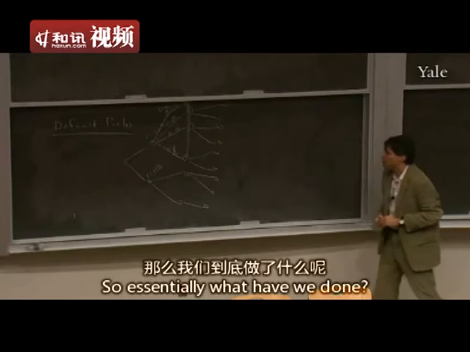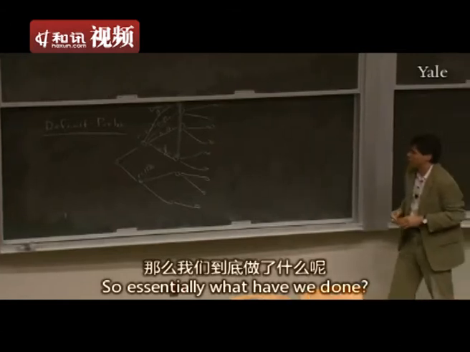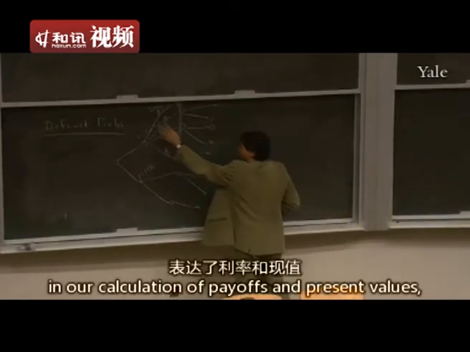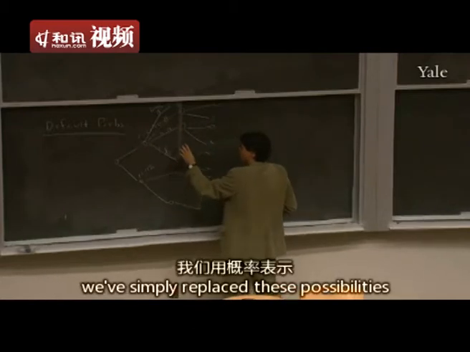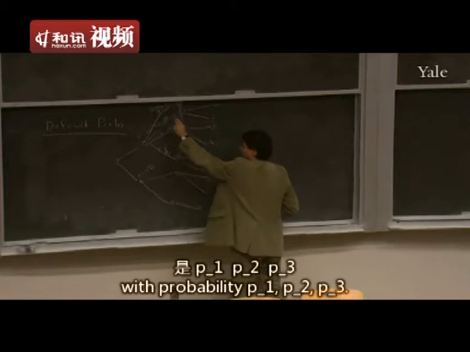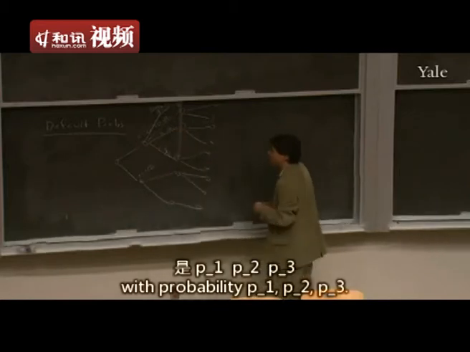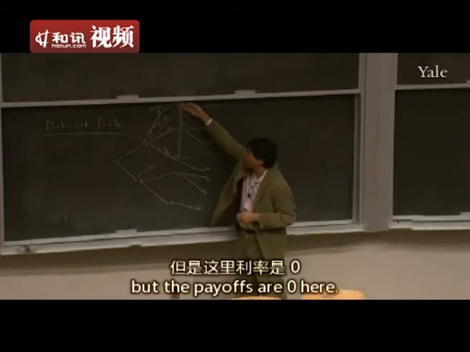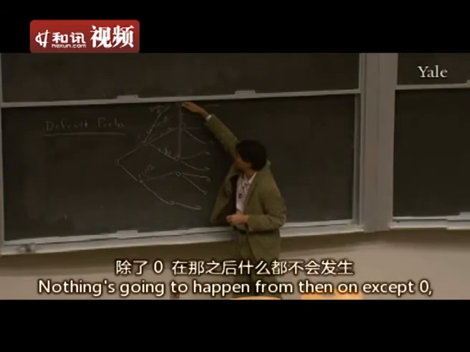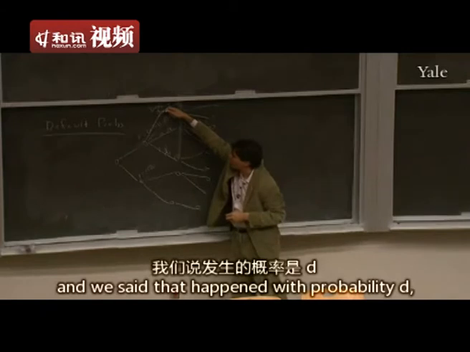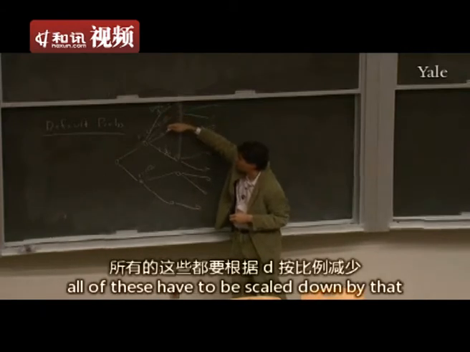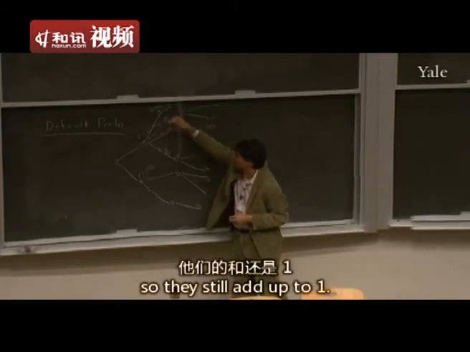Essentially, we've simply replaced, in our calculation of payoffs and present values, these possibilities with probability P1, P2, P3. We added another possibility, but the payoffs are 0 here. Nothing's going to happen from then on except 0. That happened with probability D, which means all of these have to be scaled down by that, so they still add up to 1.